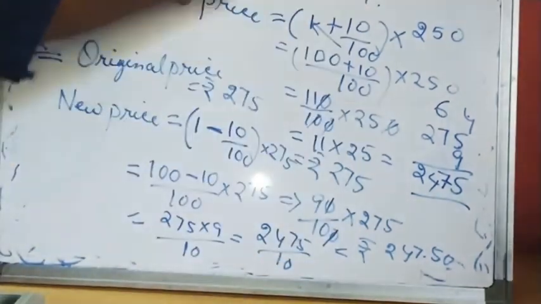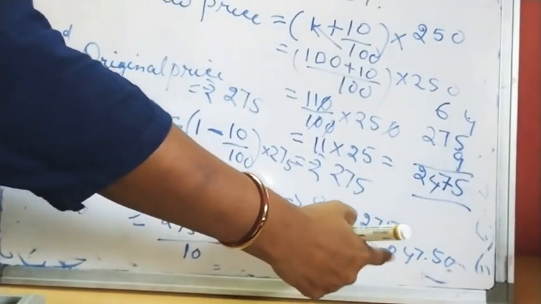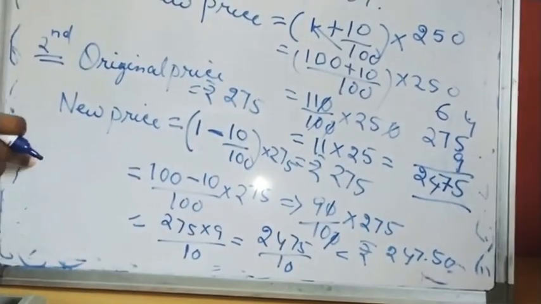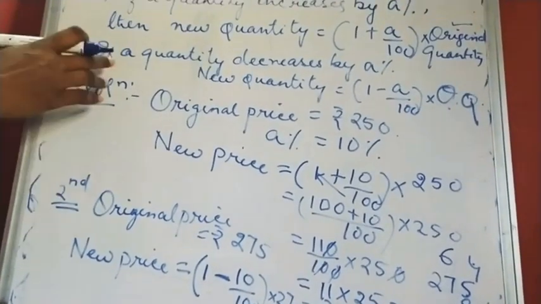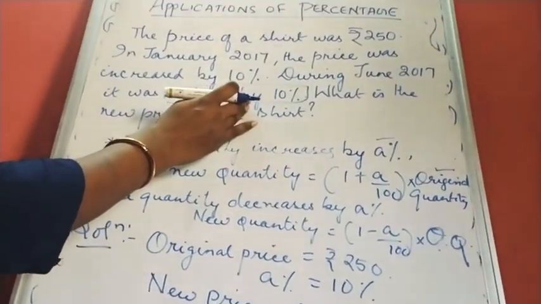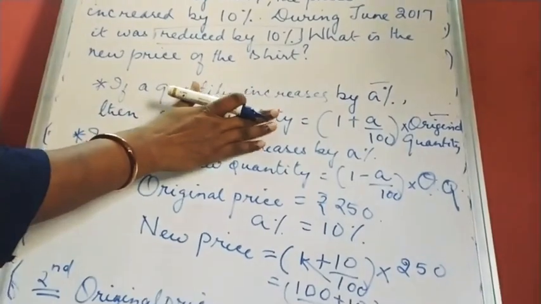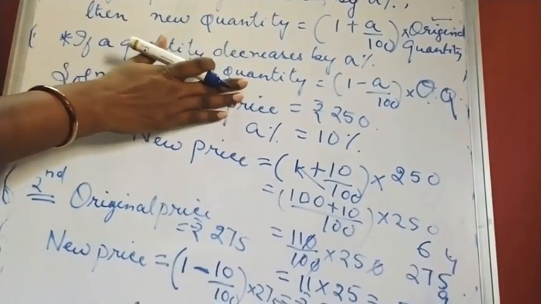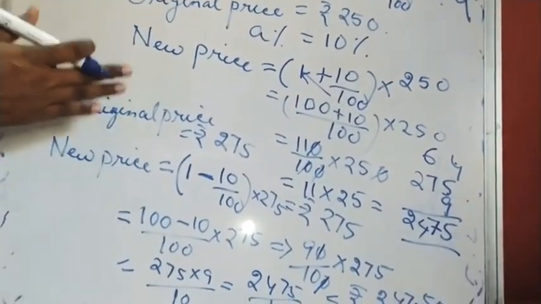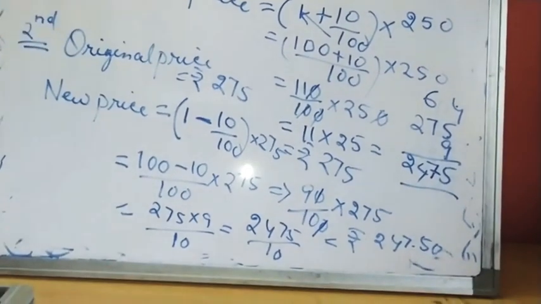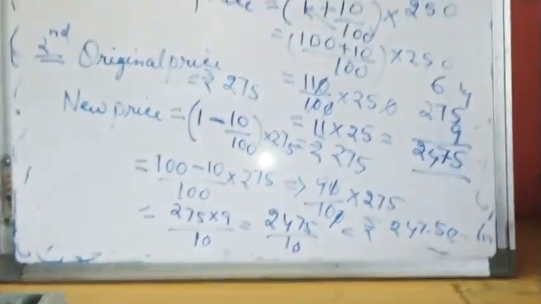Therefore, the new price of the shirt is rupees 247 and 50 paisa. So this is the way, when we have an increase and a reduction, we follow this method to find the new quantity of the given article.